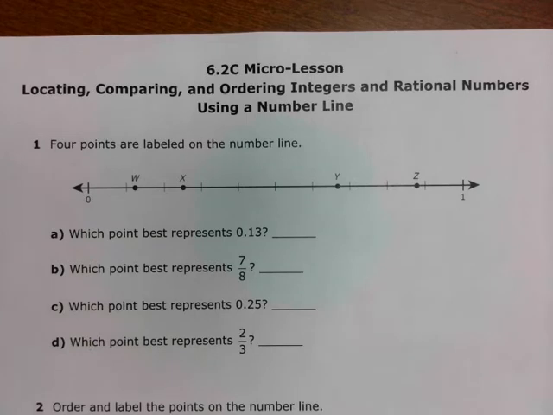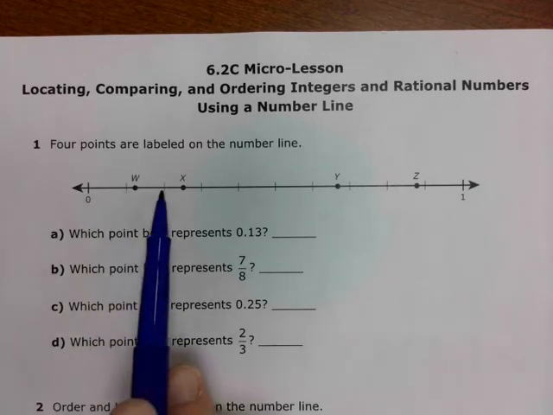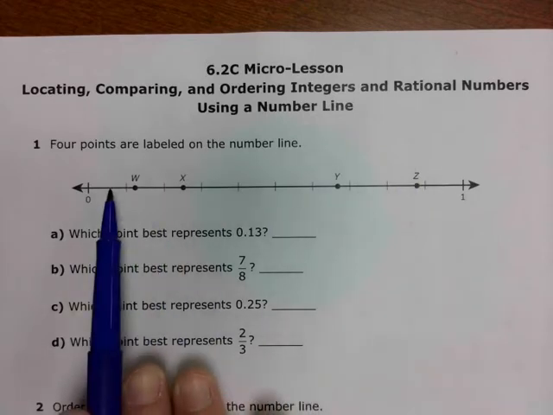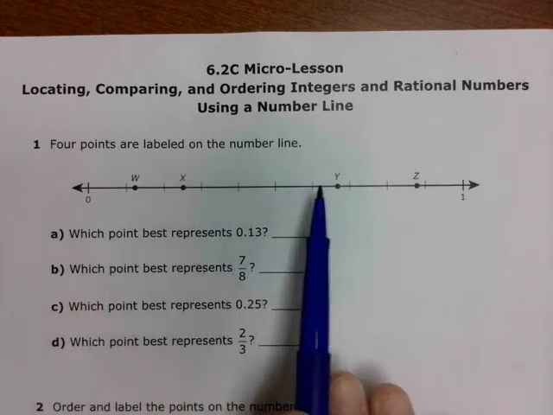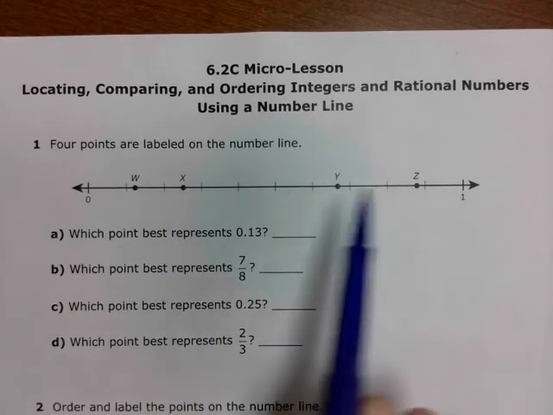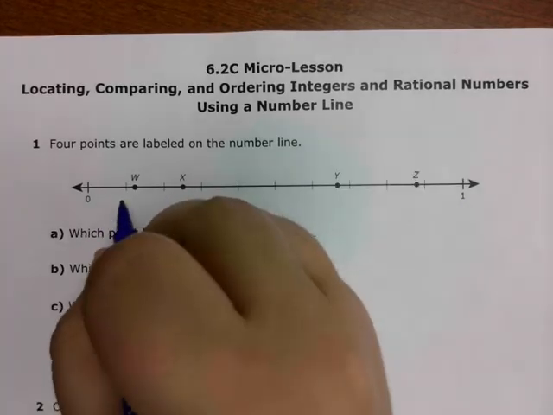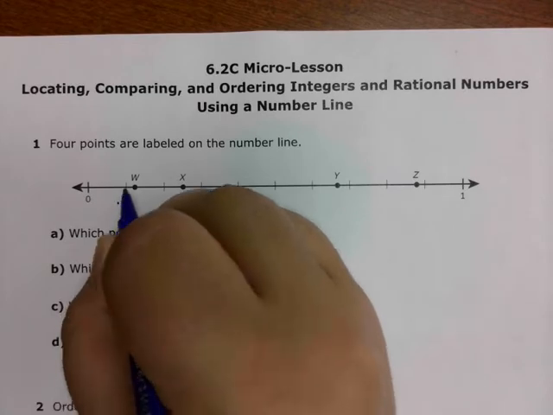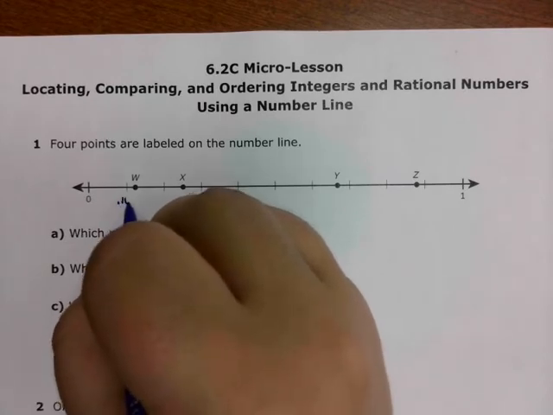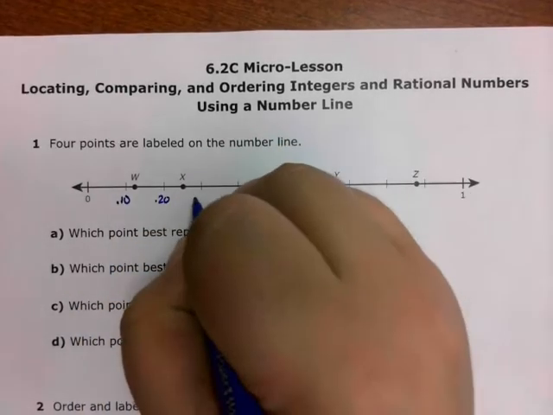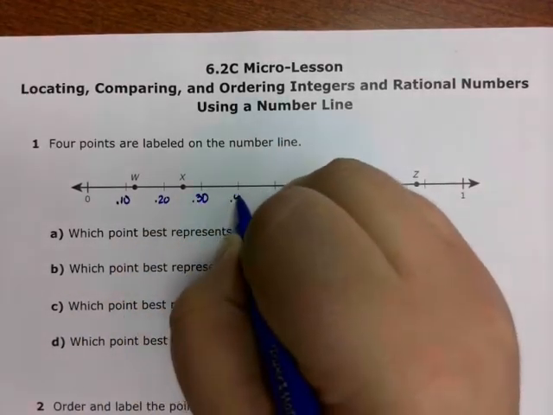So what I'm going to do immediately is determine what each of these lines are. If we went from 0 to 1, there are 1, 2, 3, 4, 5, 6, 7, 8, 9, 10. So if I take one whole, divide it by 10, I'm going to get 0.10 for each of these lines. So 0.10, this would be 0.20, 0.30.